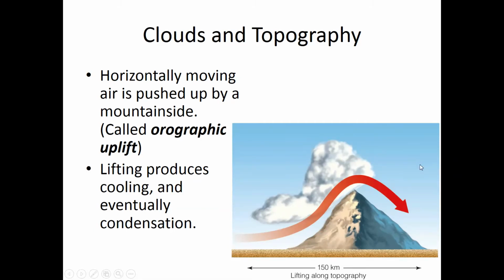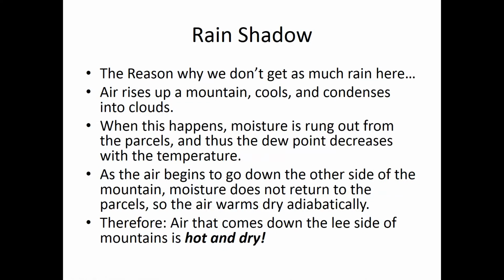This also produces a pretty interesting effect called the rain shadow effect. And this is actually why San Jose doesn't really get a lot of rain. It's because air that's pushed up and over the Santa Cruz Mountains condenses on the windward side.